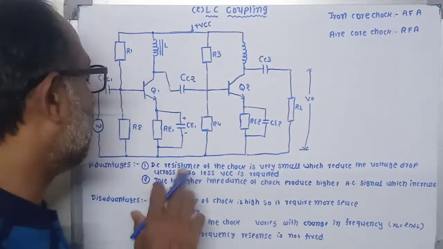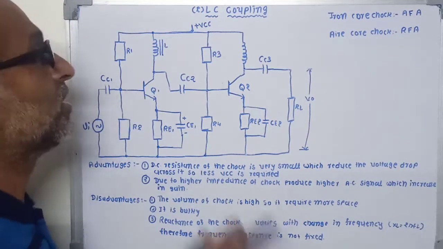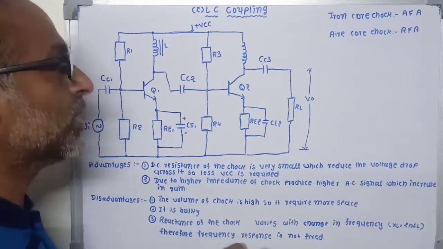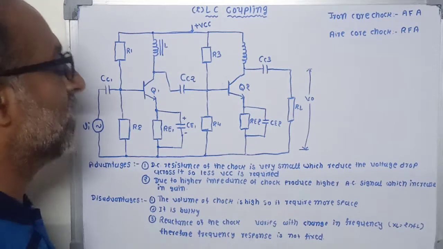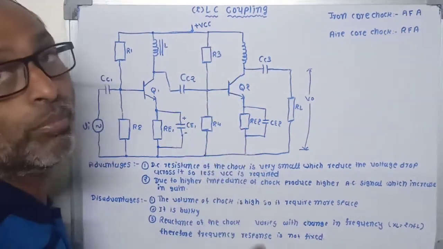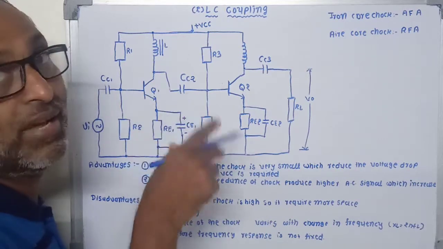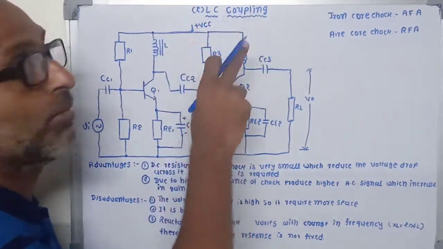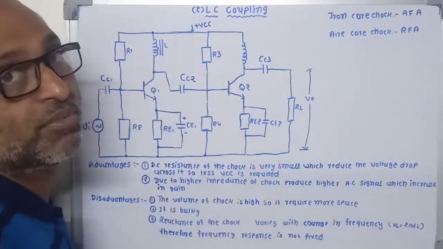Now next, the advantages of this LC coupling. First, the DC resistance of this choke is very small, which reduces the voltage drop across it. So less VCC is required to operate the transistor, because the collector resistance is very high in the RC coupling, but here the DC resistance of this inductor is very small.